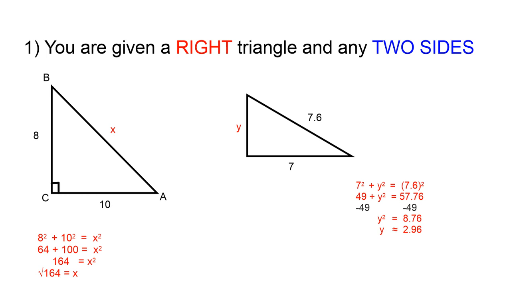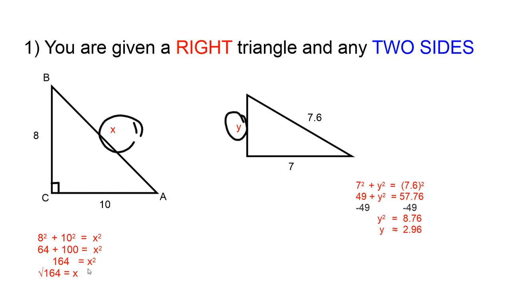So here I've done out the solutions to both, two different situations. One, you're looking for the hypotenuse. The other, you're given the hypotenuse, but you're looking for one of the legs. So a slightly different algebraic situation, but you can still get your answers noted below.